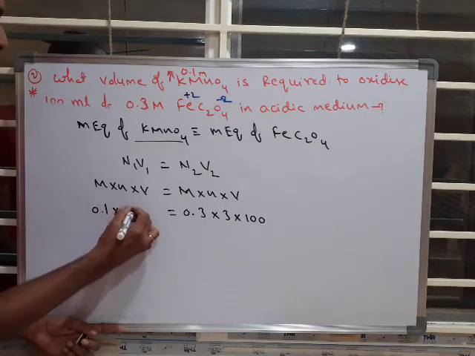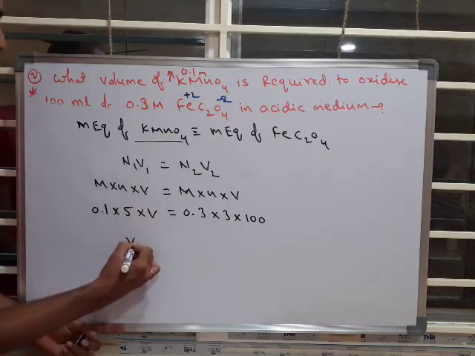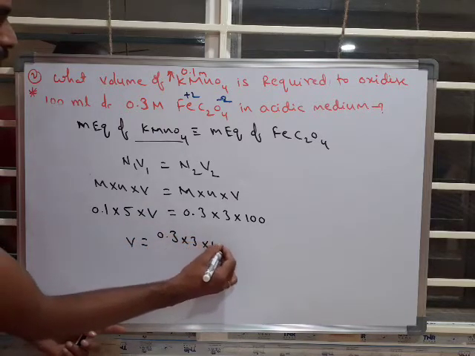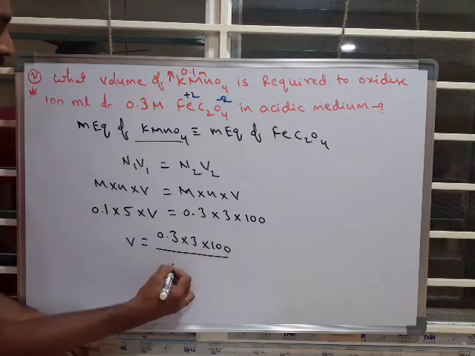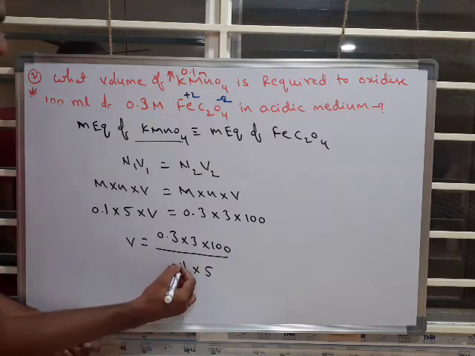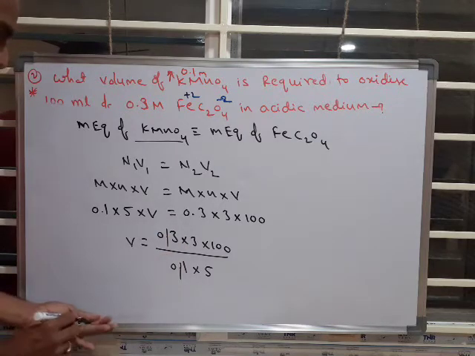N factor is 5. We have to find the value. So the value equals 5, and it gets cancelled.